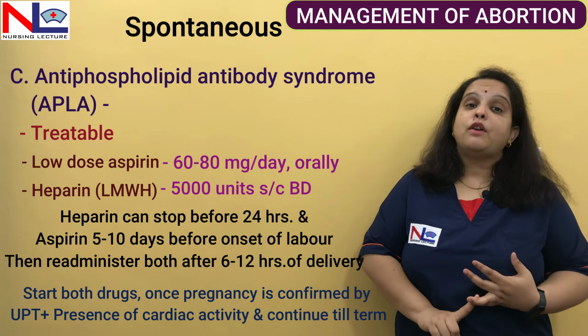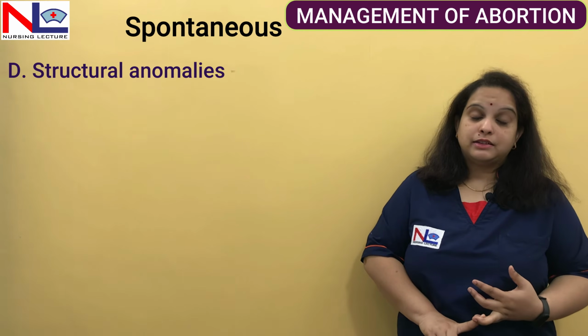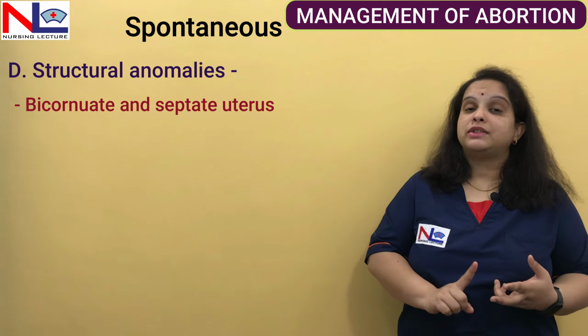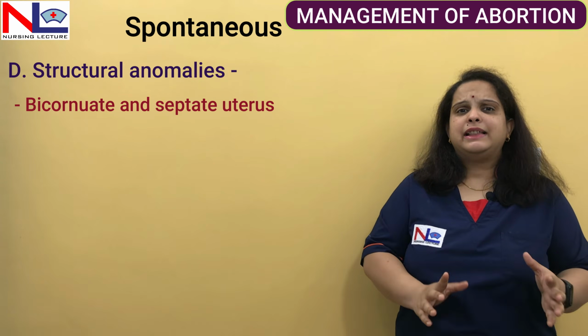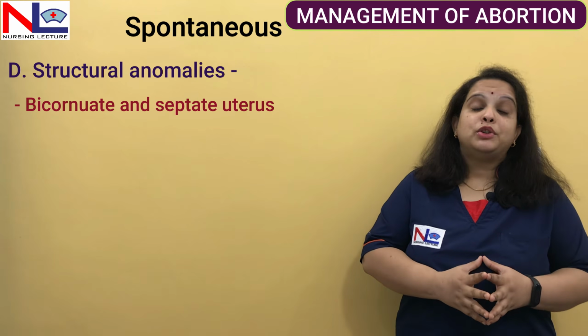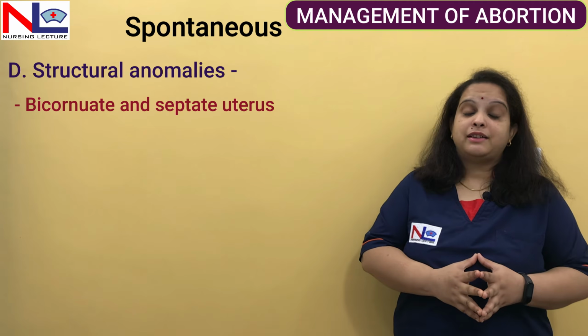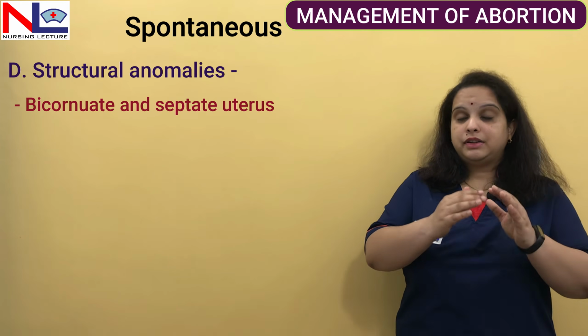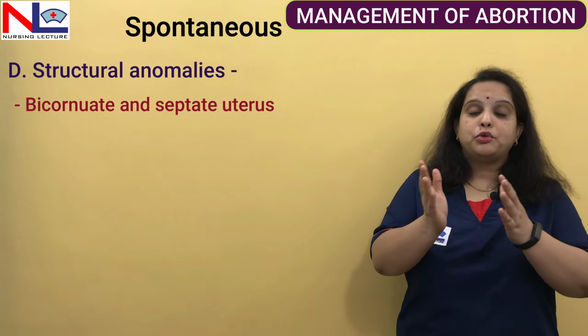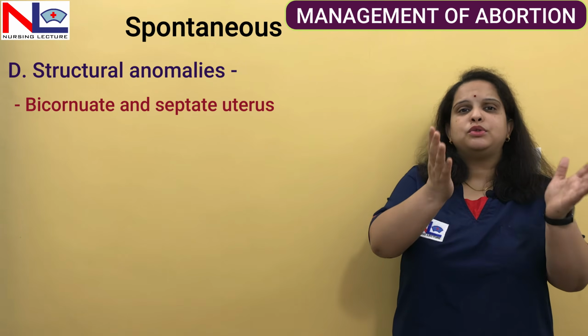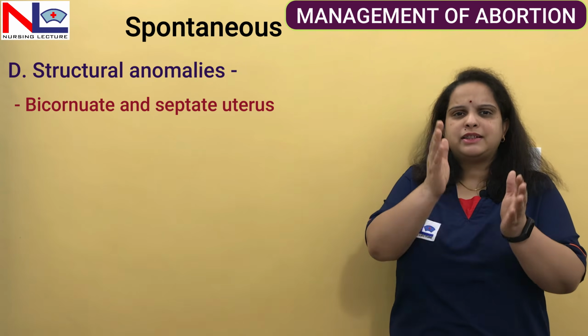Now, if the reason for abortion is a structural defect, suppose a bicornuate uterus or septate uterus is the reason, then we can perform a unification procedure. In a bicornuate or septate uterus there are 2 uterine cavities, there is a septum or a division.